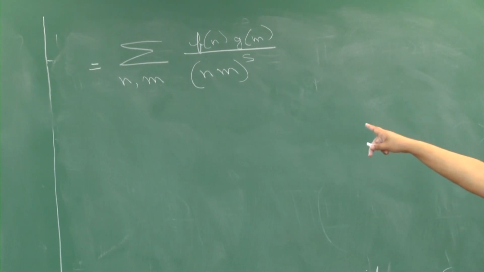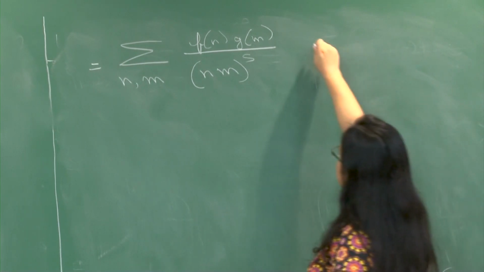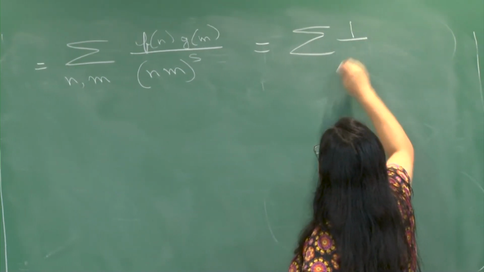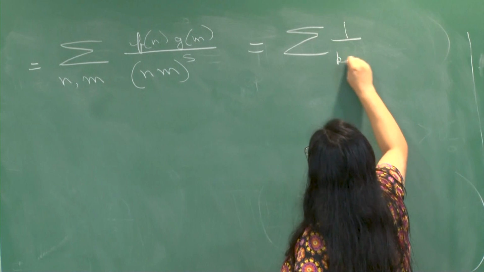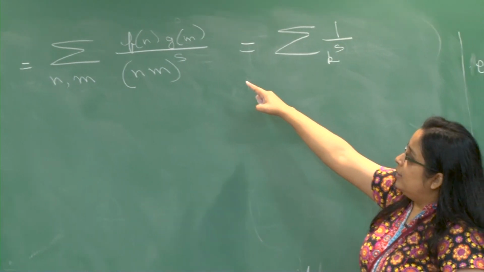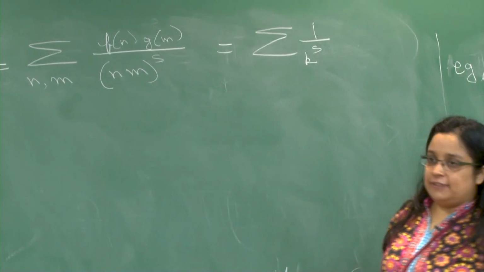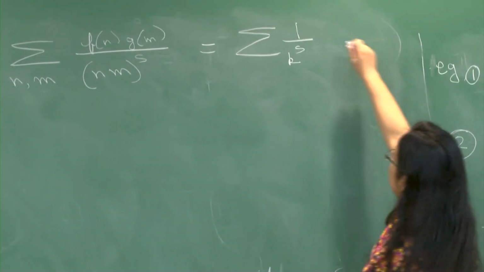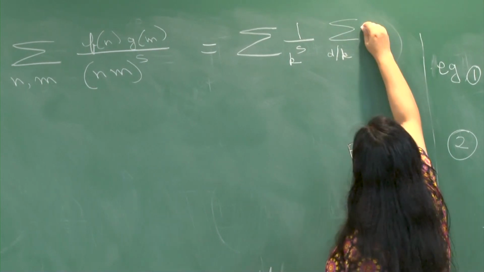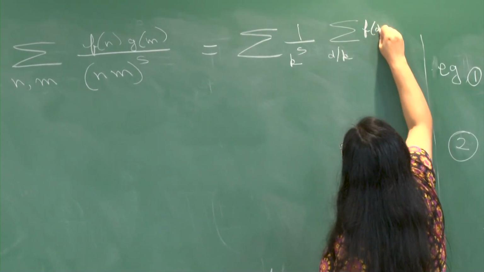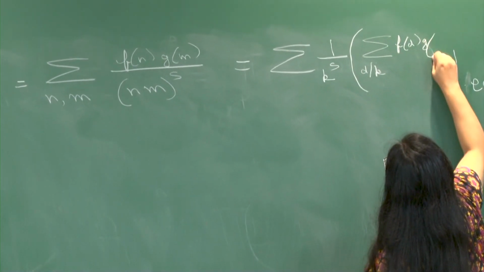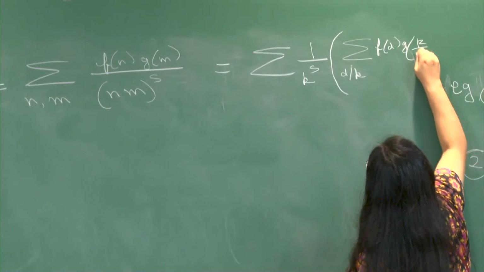This is a double sum, and therefore, you can write this as 1 over k to the s, and corresponding to each k you are taking all possible factors. So, all possible d dividing k, f of d times g of k over d.